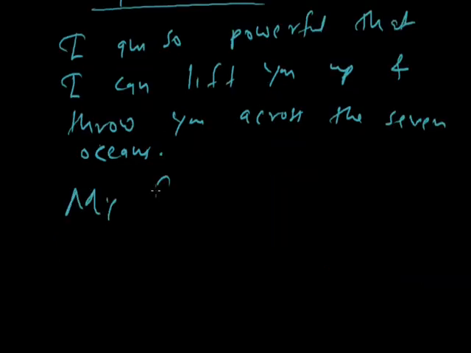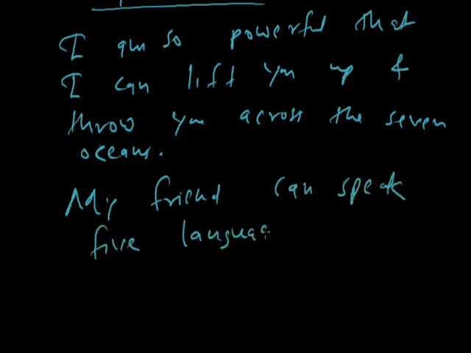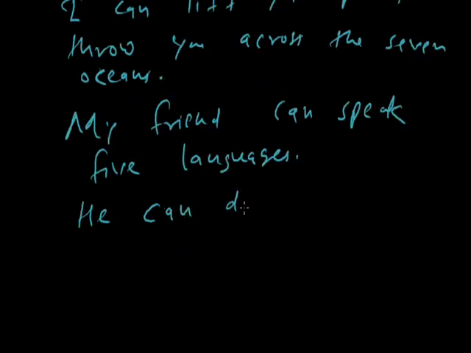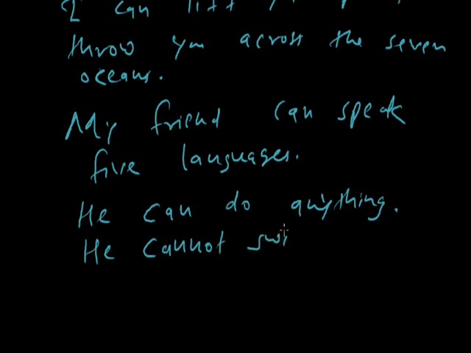My friend can speak 5 languages. What it means is he has the knowledge of 5 languages. He can do anything. He cannot swim. He cannot swim because he's too afraid to get into the water. Is that clear to you?